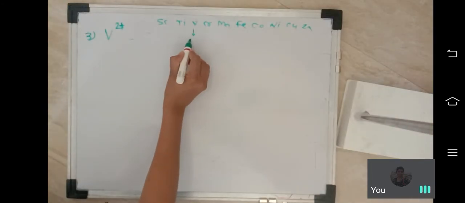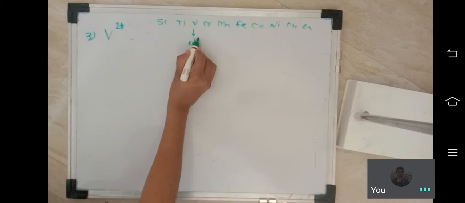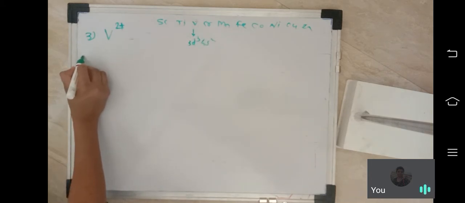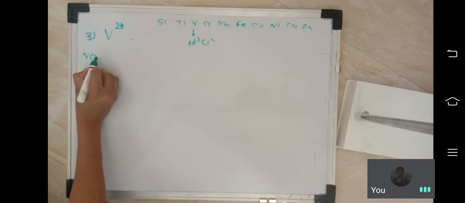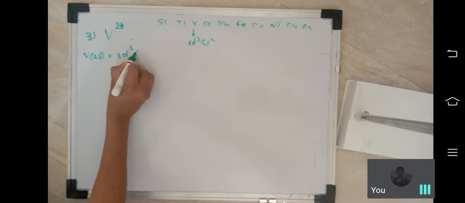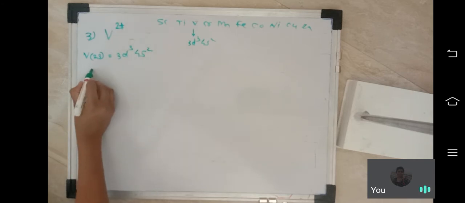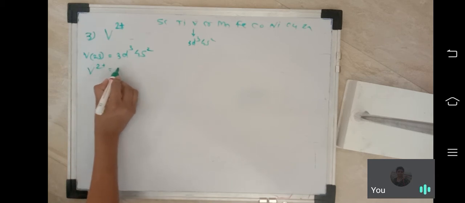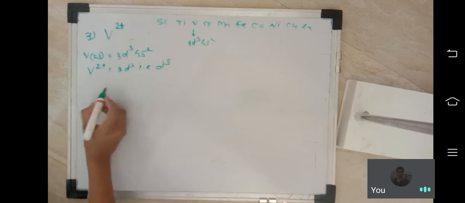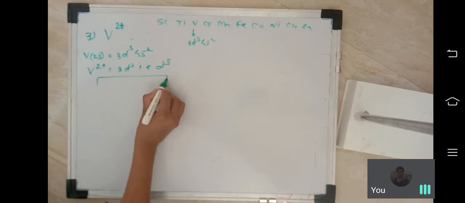What is the electronic configuration? The atomic number of vanadium is 23, so 3d3 4s2. Here it is 2+, so vanadium 2+ is 3d3. You just put the electrons in the d orbital.